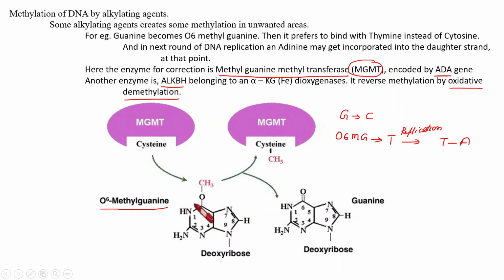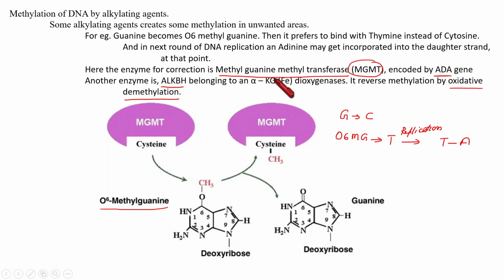By oxidizing certain atoms in this structure, it removes the methyl group attached to that molecule. So that process is oxidative demethylation, removing the methyl group. So these are the enzymes.